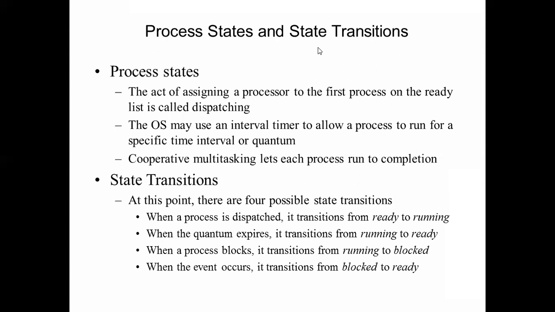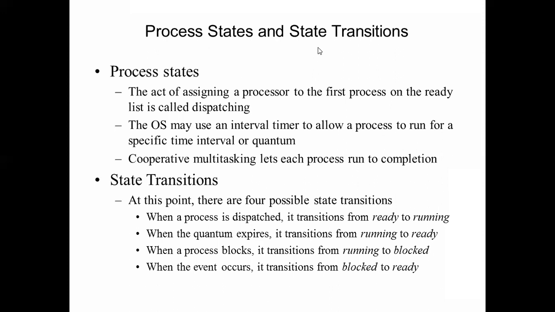There is a list in which several processes wait, and as per the priority, the processor will choose a particular process, and then the state will change from ready to running.